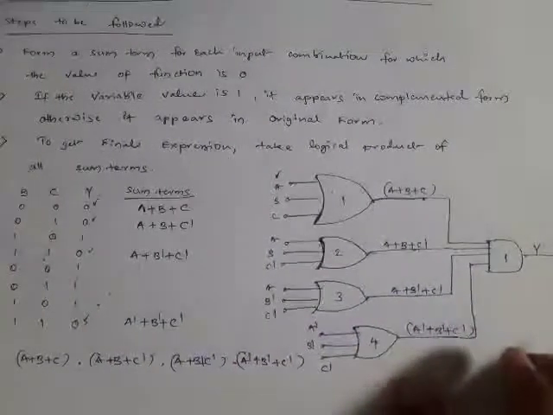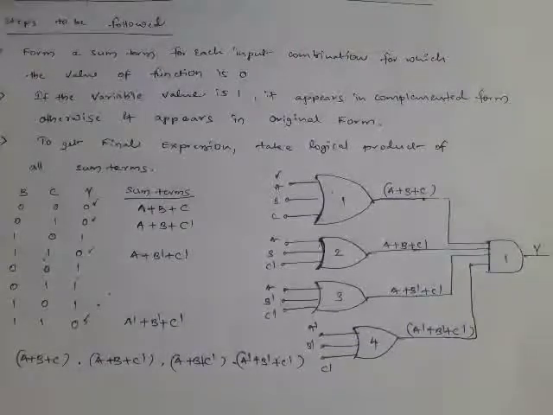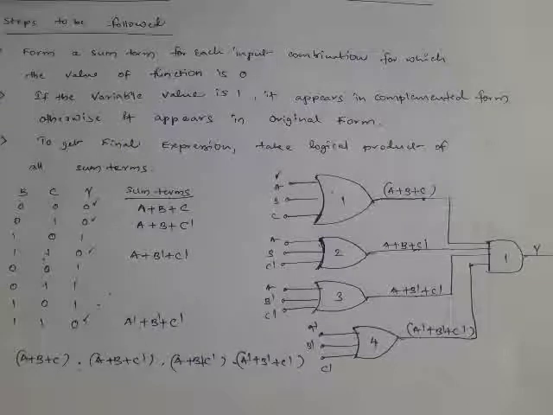So this is how we will be able to draw a logical circuit for the Boolean expression that is obtained directly from a truth table.